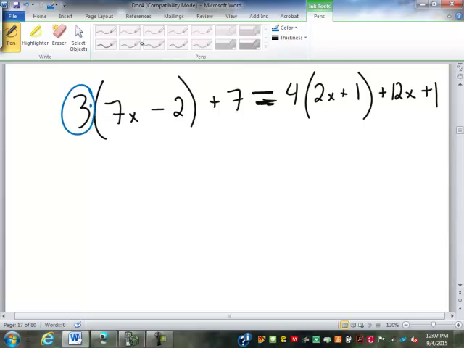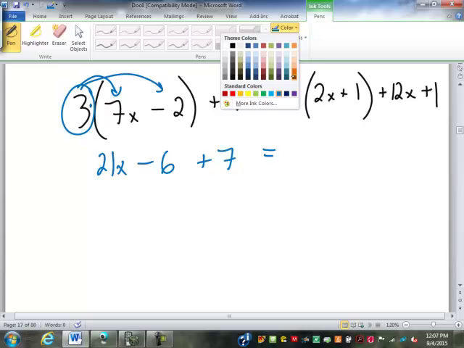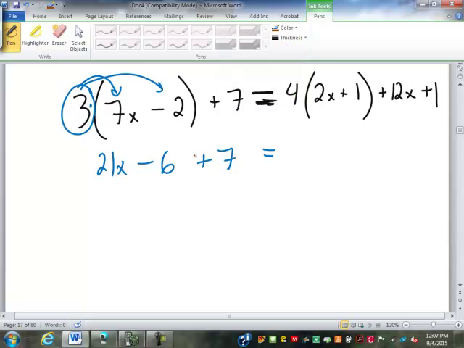Times 3. So 3 times 7x, 21x. 3 times negative 2, negative 6. And then we still have the plus 7 there. Now, before we go over to the right side, I'm going to combine what I can. So 21x is going to stand alone, but negative 6 and positive 7 make positive 1.